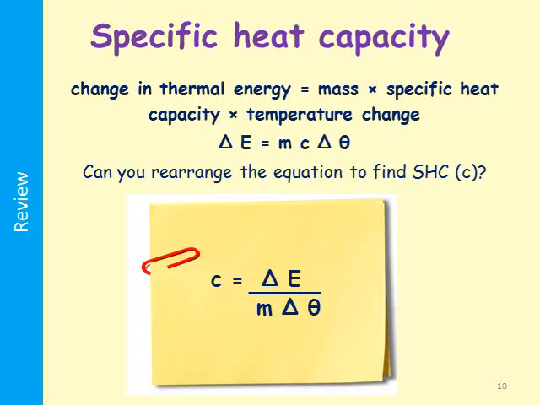And all I've done here is swap it over to the other side so that C is written on the left hand side and energy on the right. But you have the mass and the temperature change cancelling out on that side, and on this side you get remaining energy divided by mass multiplied by the temperature change.